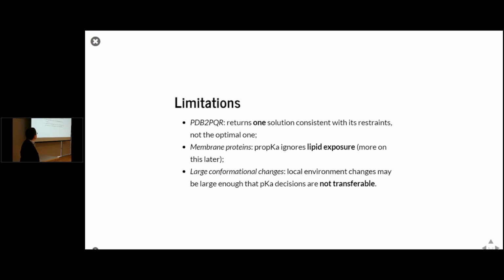The reason is that the software does this combinatorial search and returns a solution which is consistent with its own internal restraints, which are essentially the absence of steric clashes. But it doesn't mean that it's the optimal one. So that's something which comes from the software. And so you are always free to flip these geometries manually in the later steps. By manually, I mean with Python code, if it's necessary.